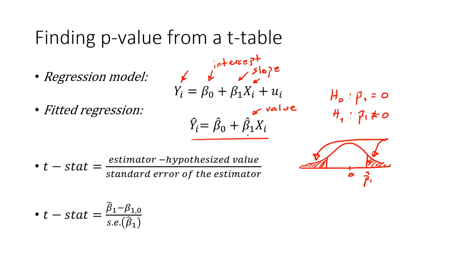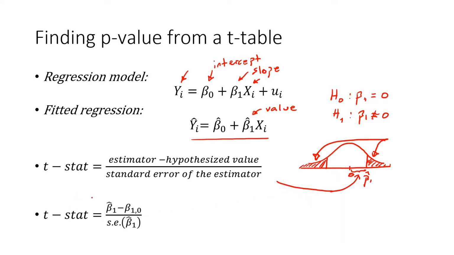Finding a beta hat more extreme. So in this case, you can calculate the t-stat, which is just the estimator minus the hypothesis value, divided by the standard error of the estimator, which gives you this distance measured in standard errors, right?